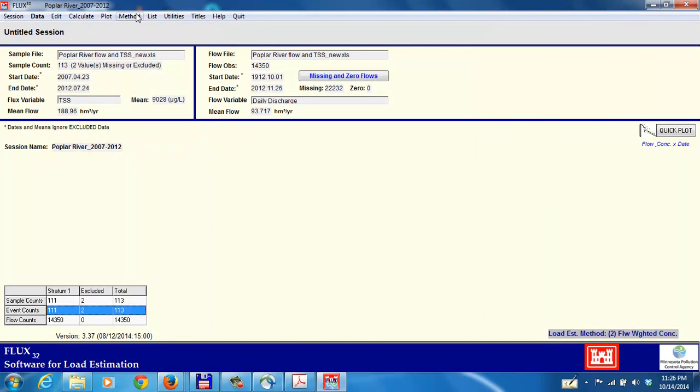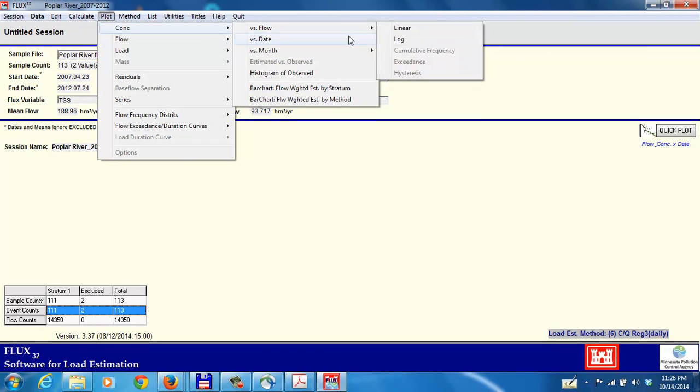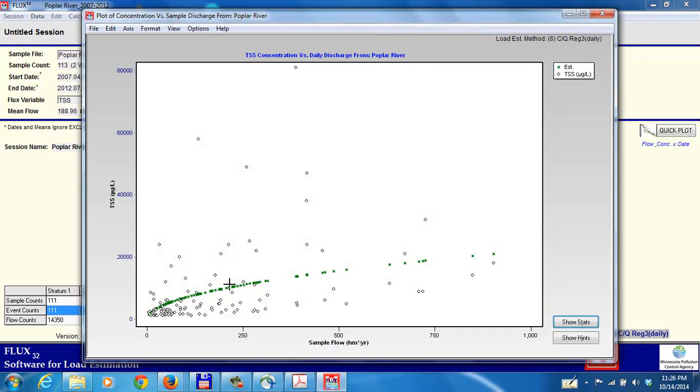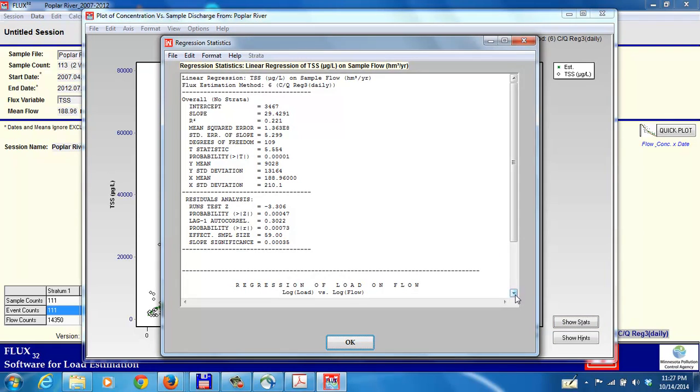And then let's look at method 6. Now, method 6 fits a regression line to the data. We can see that it's not a constant as shown before. This is the relationship between TSS and flow for the method 6 application. You can see that there's still quite a bit of scatter around the data points. We can look at the statistics for that fit, and they're given here.